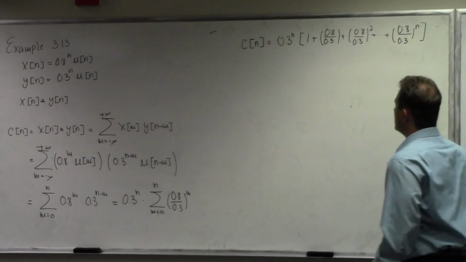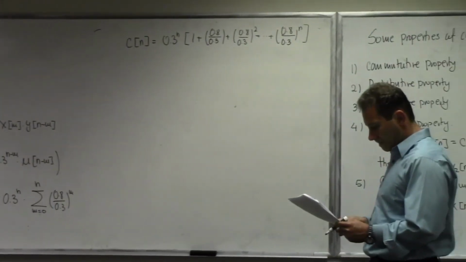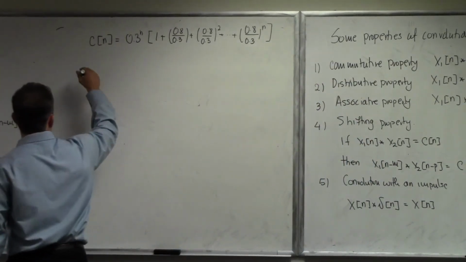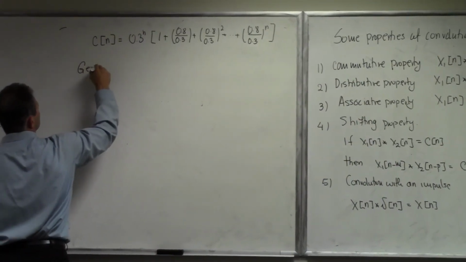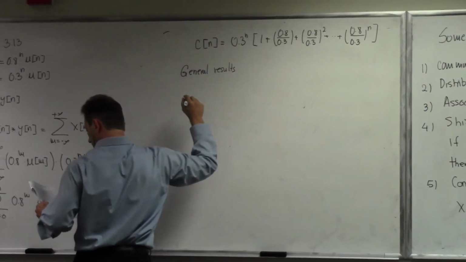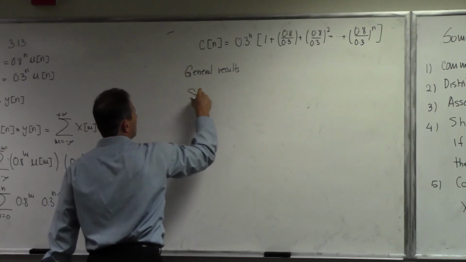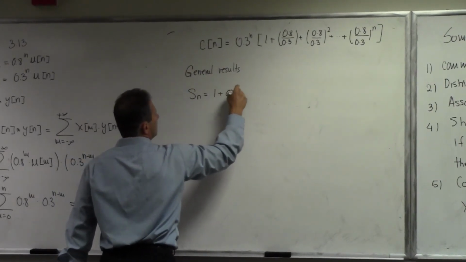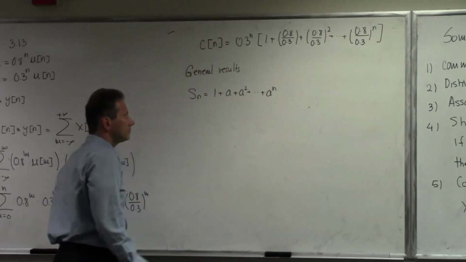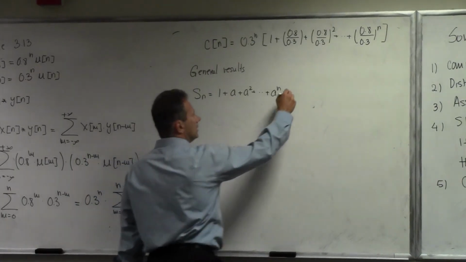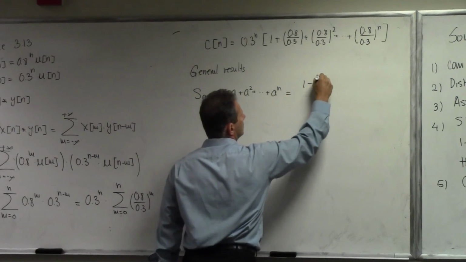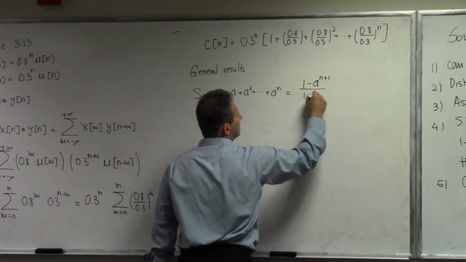When it comes to doing all of these summations, there are two general results that you should know. So let me put them here. The first one is what I call here S n. And this is 1 plus a plus a squared plus and so on, plus a to the n. This summation here is equal to 1 minus a to the n plus 1 over 1 minus a.